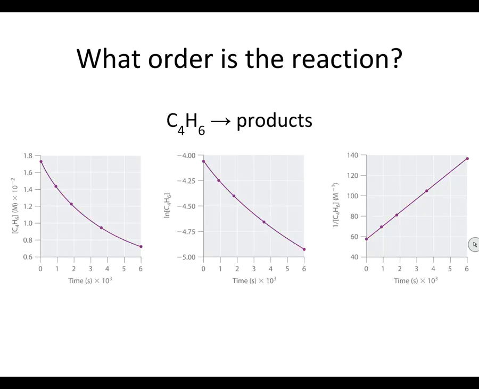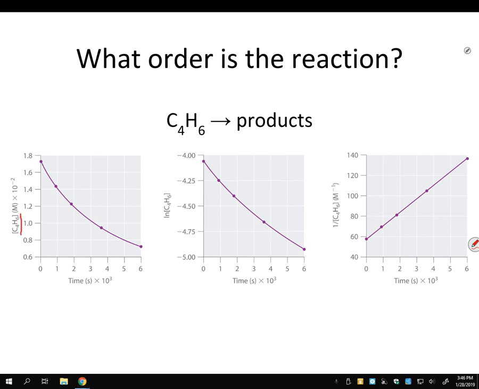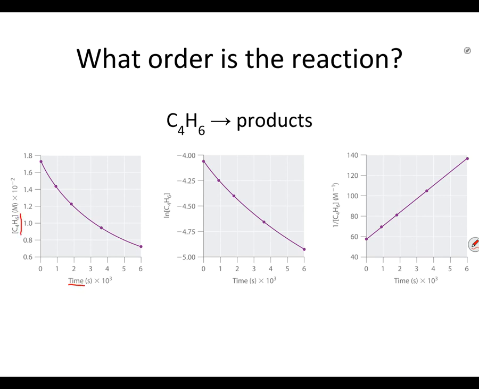We've done the same sort of thing in the next reaction. Here we've got C4H6 yielding products. In these graphs, I have the concentration of that substance versus time, I have the natural log versus time, and I have 1 over the concentration versus time. And then I'm looking to see which one gives me a straight line, and that would be this one right here.